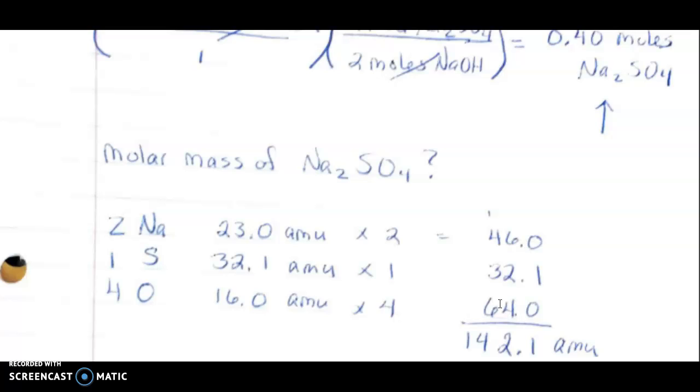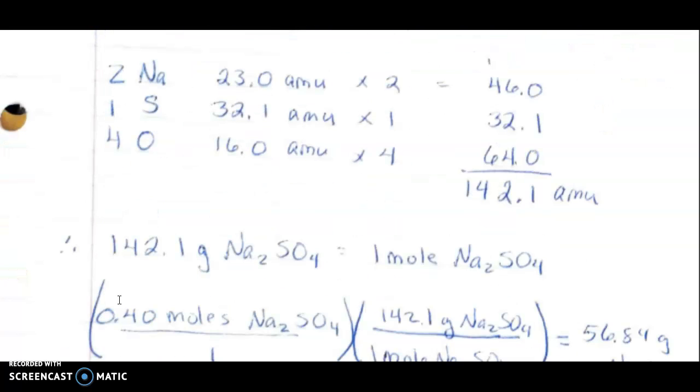And doing all that math, we find that we have 142.1 AMU is the molar mass of sodium sulfate. All this means is that if I weigh out 142.1 grams of sodium sulfate, I know that that 142.1 grams contains 1 mole of sodium sulfate.